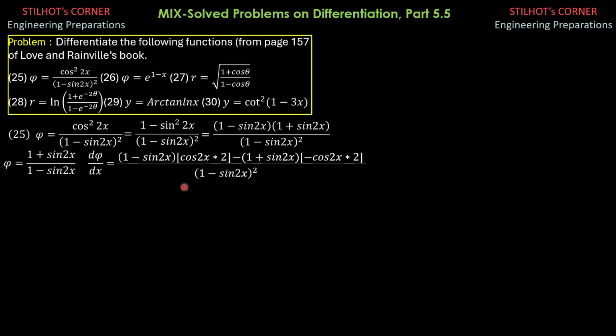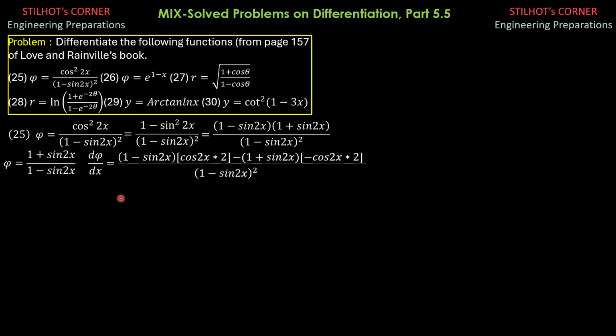Then divided by the denominator square. So notice that 2 cosine 2x is common. So we factor out this 2 cosine 2x. This is also negative 2 cosine 2x times negative, so that's positive.